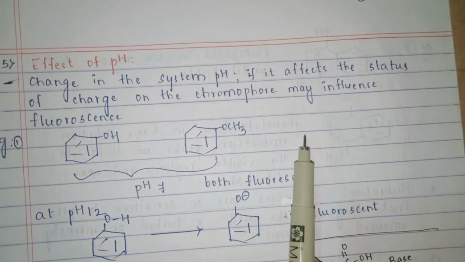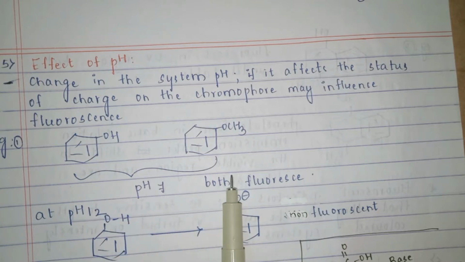Now, if we take up an example of phenol and anisole, we have seen that the fluorescence of aromatic compounds with basic or acidic substituent rings is usually pH dependent. The wavelength and emission intensity is different for protonated and unprotonated forms of the compound.